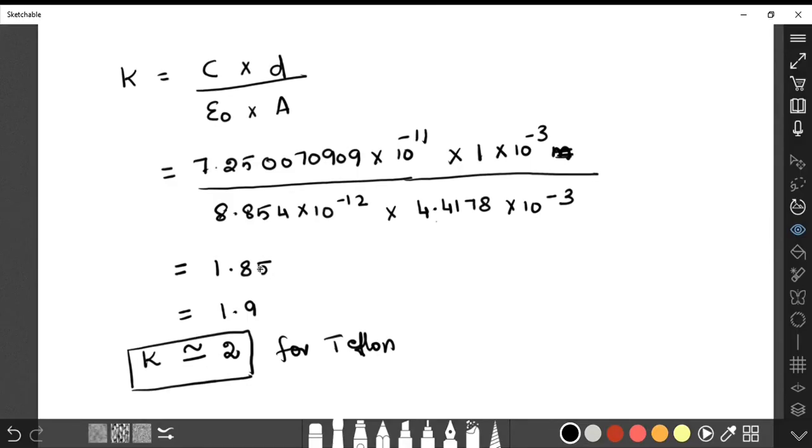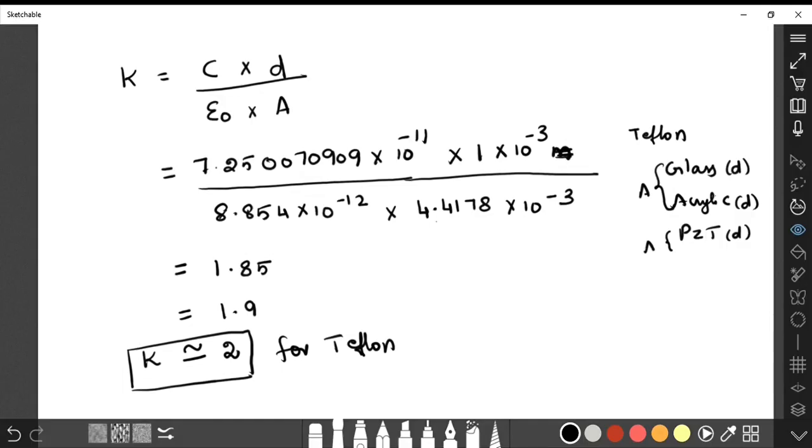In this calculation part, I have taken the example of Teflon, during the experiment as well as the calculation. Whichever material you choose, glass, acrylic or piezoelectric, the D value will change, as well as the area. The area will be common for these two, and here the area will be different.